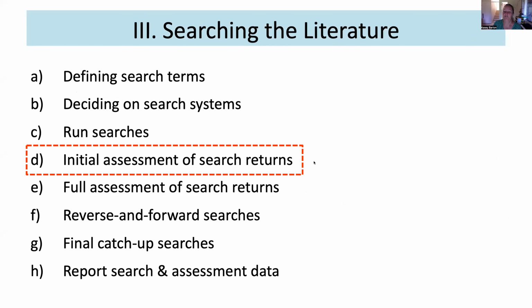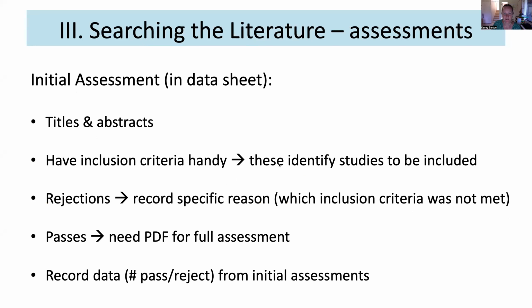Once you get all those returns from running your searches, there's an initial assessment. And the initial assessment I include in a data sheet along with all that bulk download. So the same data sheet that includes all the bibliographic information and the abstracts for those search returns. I then just add some columns like abstract assessment and does it pass or fail.